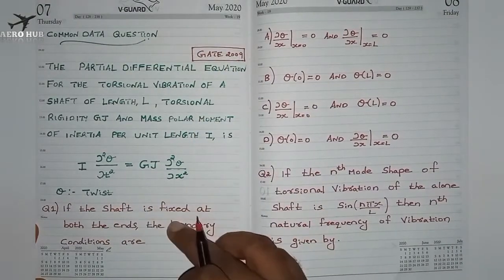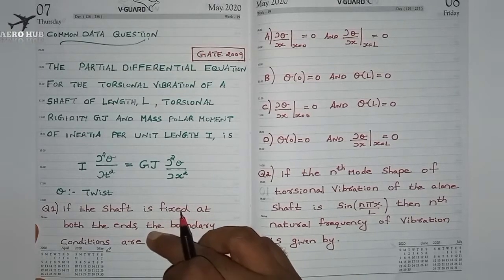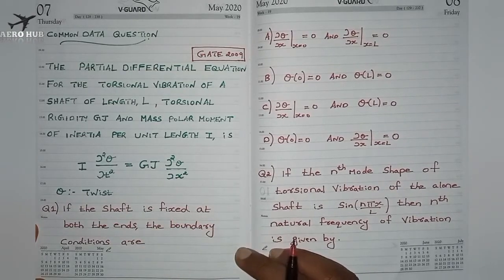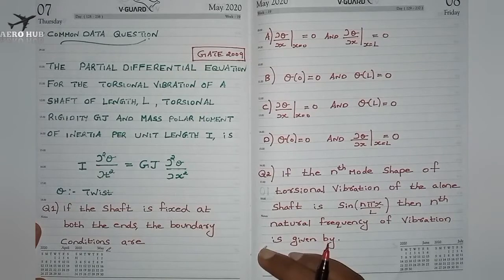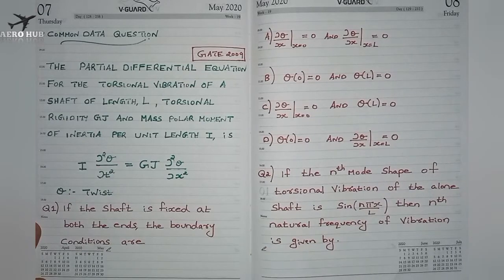The first question: if the shaft is fixed at both ends, the boundary conditions are?